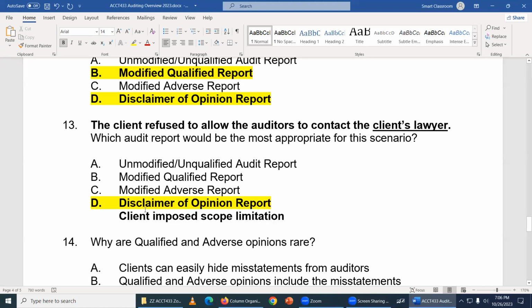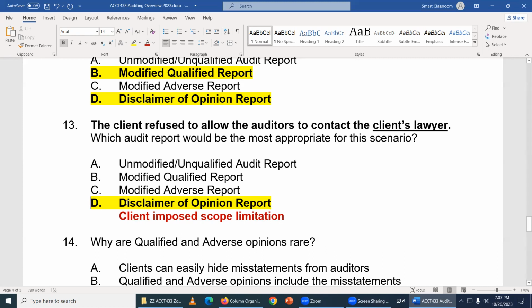Okay, this is what they call a client imposed scope limitation. When the client does not give you the information, now they're supposed to give you everything you need for your audit. You might need to get their tax returns, certainly their bank statements and all this stuff. And when the client refuses to let you have that information, that's a client imposed scope limitation.